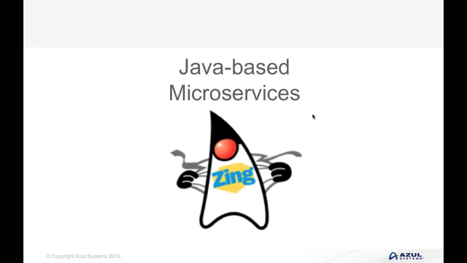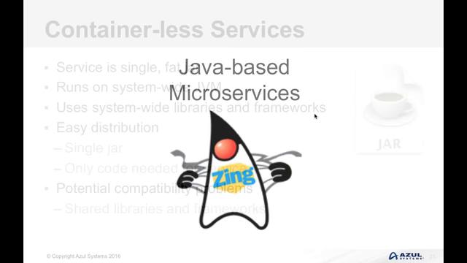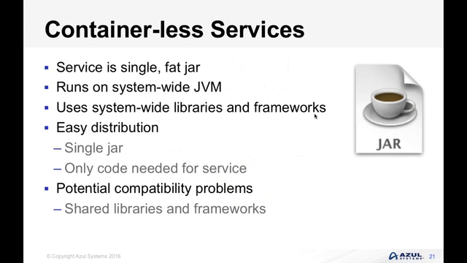So let's look at how we can do that. And really, there are 3 ways that you can implement microservices using Java. Now, the first of those is what we call a containerless service. And this is really the way that we implement Java application code at the moment. So what we do is we take our service that we want to create and we compile it into a single jar.